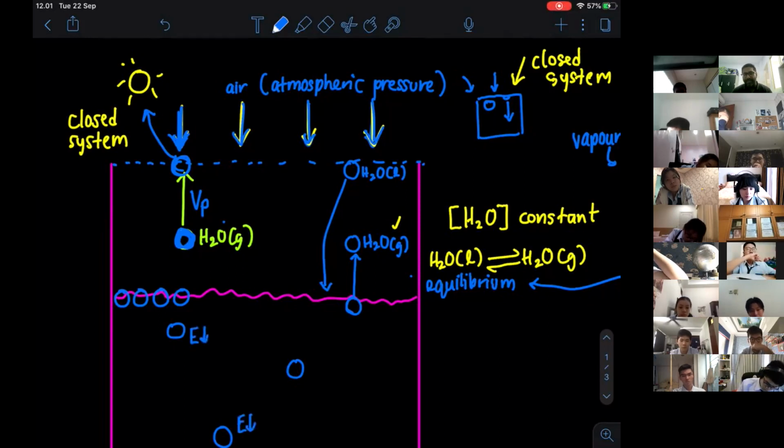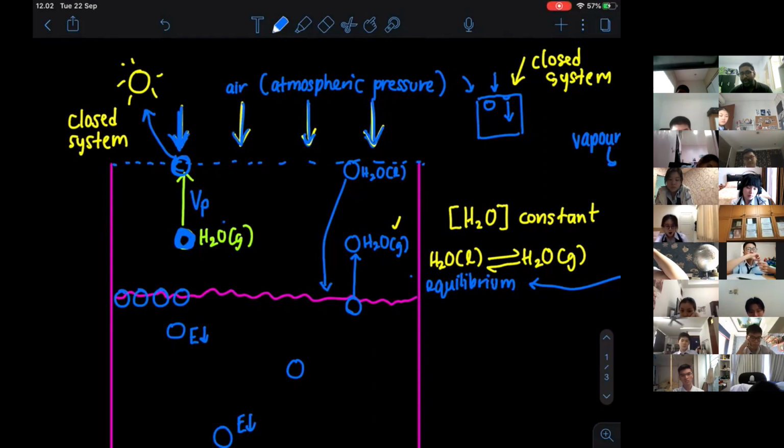The ones at the top surface of the water will be the ones that have more energy. Once they have enough kinetic energy to break the bonds between other water molecules, they can go out, overcome the atmospheric pressure, and be evaporated.